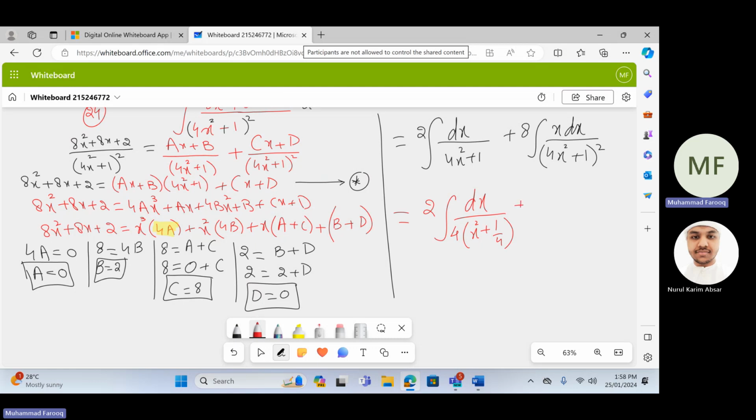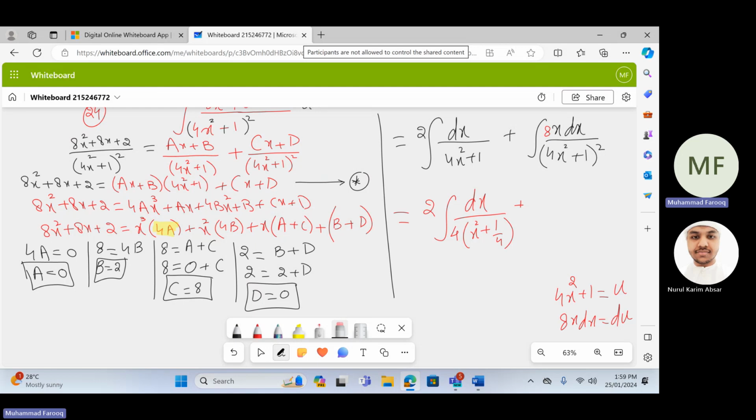And here, for the sake of integration, you take a substitution: 4x squared plus 1 is equal to u, 8x dx is equal to du. So this 8 we need. Don't put it outside, put 8 here, because as per our substitution, we need 8x dx, which is du.